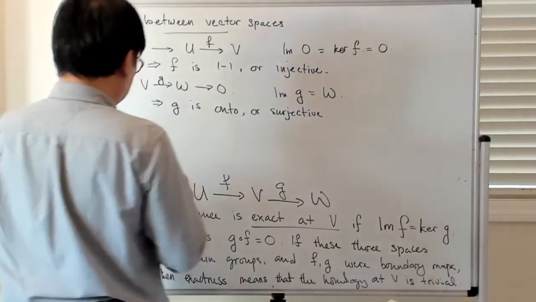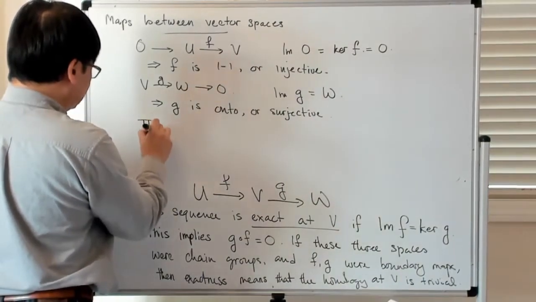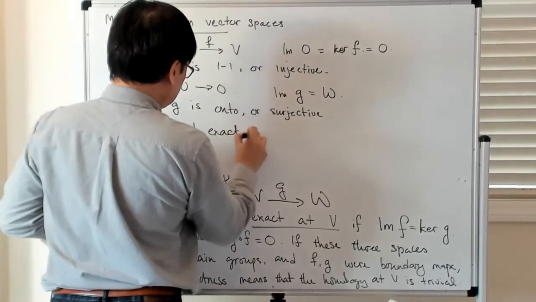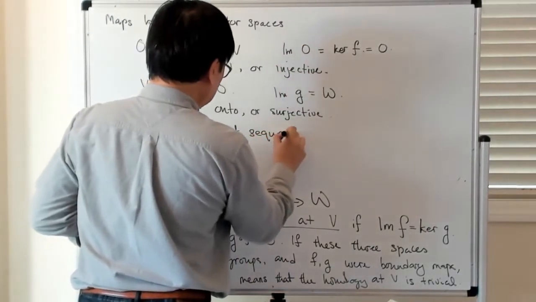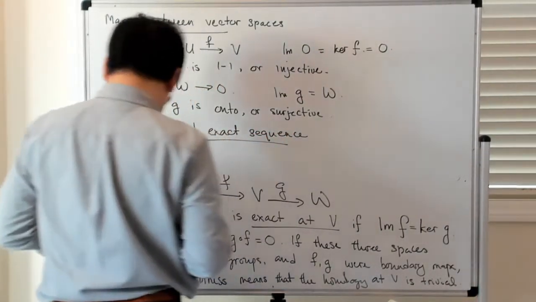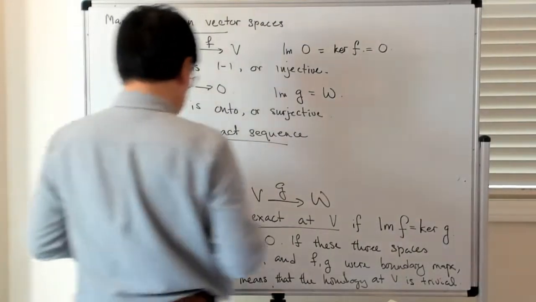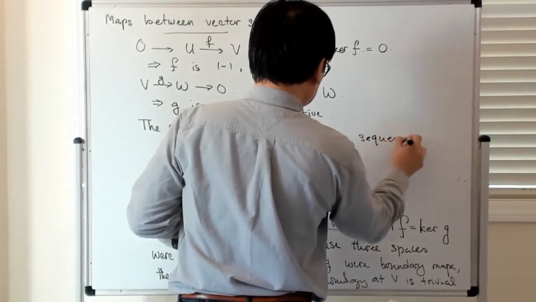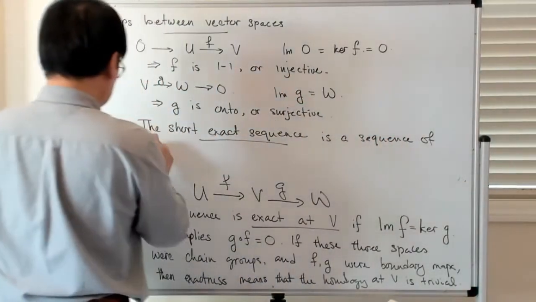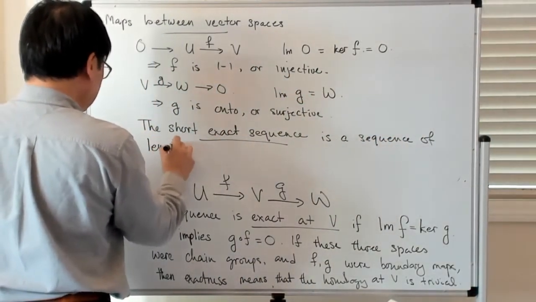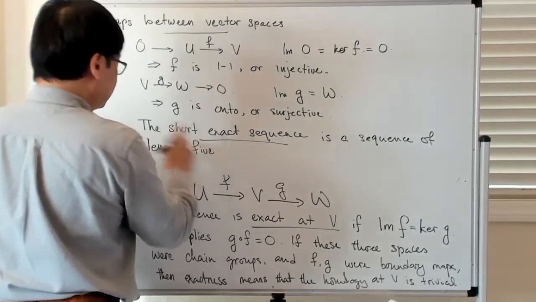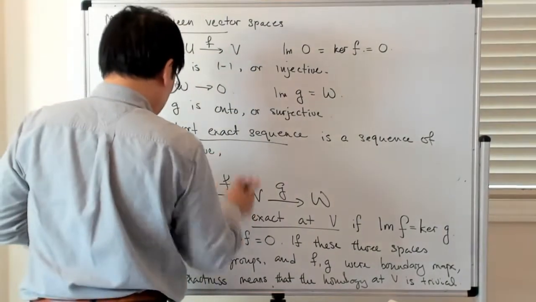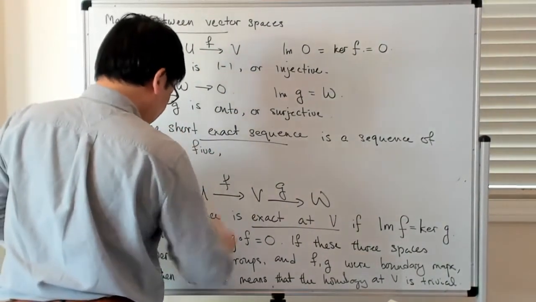Okay, so there's this notion of what is called a short exact sequence. A short exact sequence is a sequence of length 5 where the first and last spaces are just 0. So it actually just looks like this.